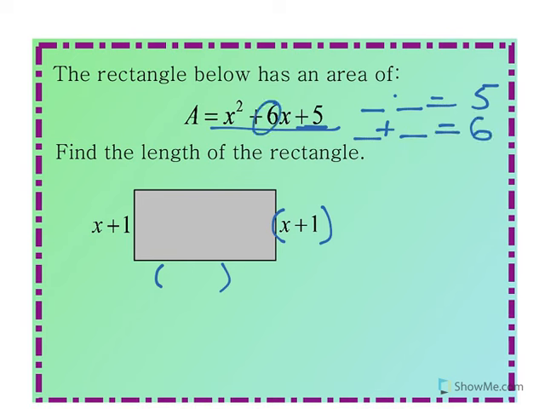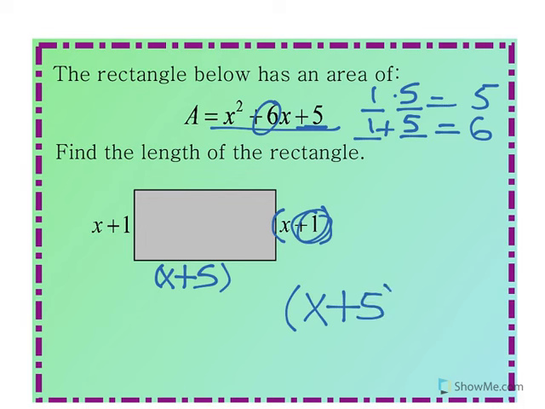That is our B. Well, the two numbers that multiply to 5, 1 and 5, also add to 6. That means the two factors need to be 1 and 5. Well, we already have the 1, so guess what this one is? It would be the 5. So the length of the rectangle is represented as x plus 5.